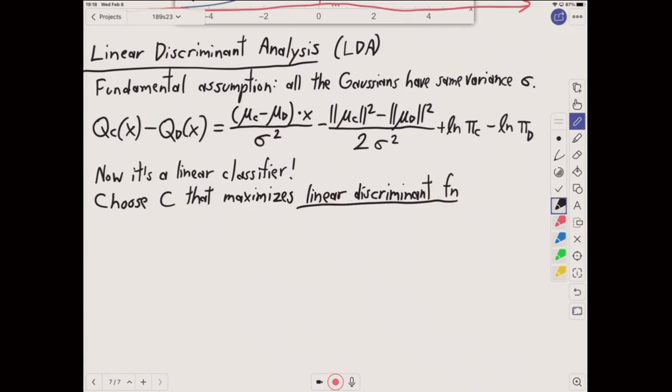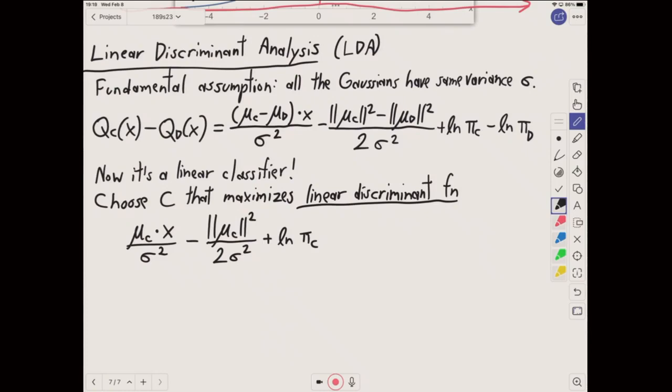Those functions are mu of C, the mean of class C, dot product with test point x over sigma squared, minus the squared norm of the mean over 2 sigma squared, plus the logarithm of pi c.